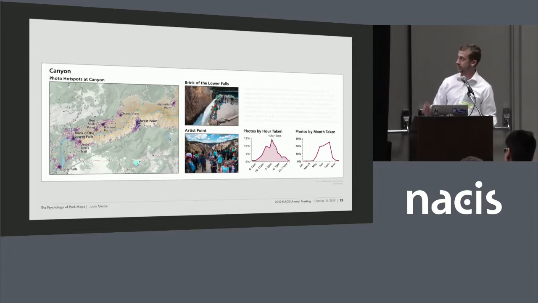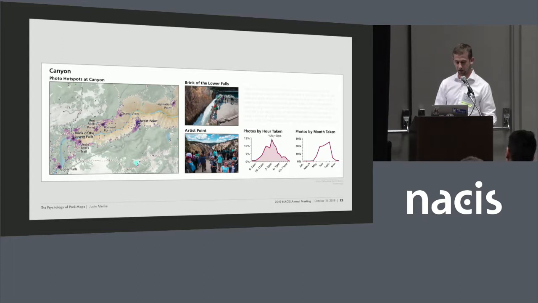And what this map is showing is that same canyon area, and it's Flickr photographs. So there's like 5,000 geolocated photographs, and we generated some hot spots from it. And indeed, you do see that Artist Point is definitely the biggest hot spot, and you can make some nice spatial comparisons, and you even see some clustering out by those lakes.